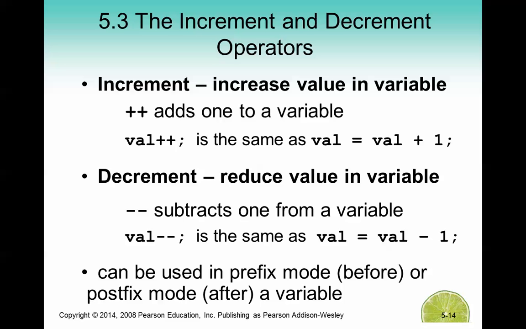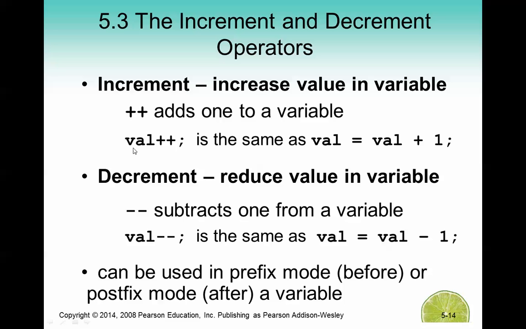When we were using number is assigned number plus 1, we can also change that 1 to any number that we need. Here, when we use the increment operator, we can only increment the value by 1. And we use the plus plus sign.